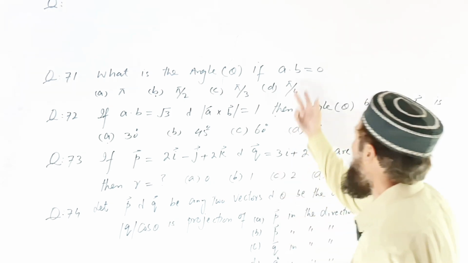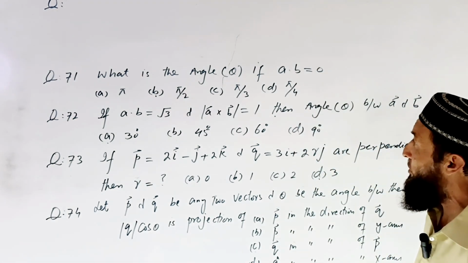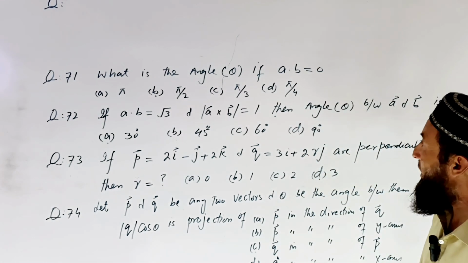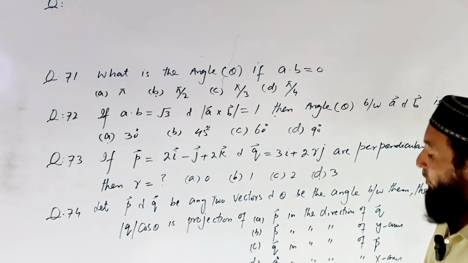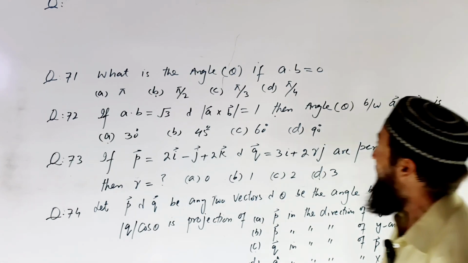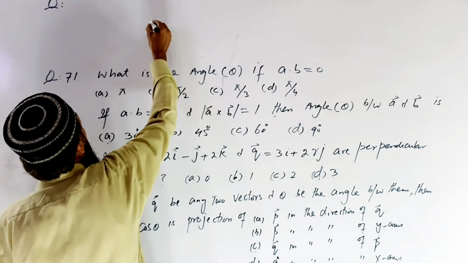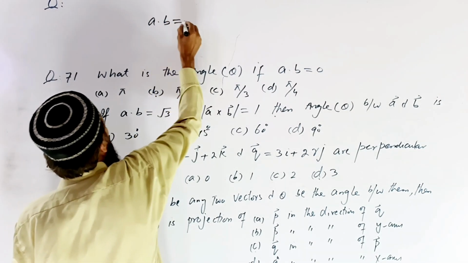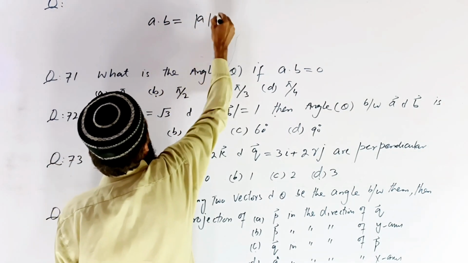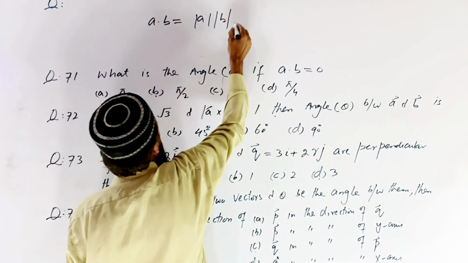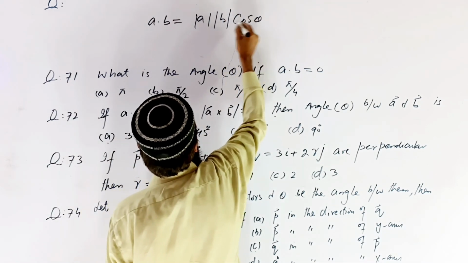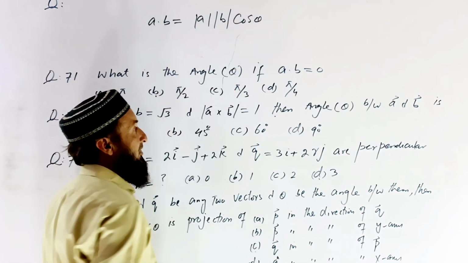Theta is required if A dot B is equal to 0. It is given that A dot B is equal to 0. What is the answer here? The same dot product applies. A dot B is equal to magnitude A, magnitude B, cos theta. Dear student, look here.